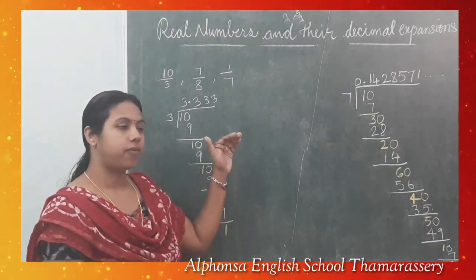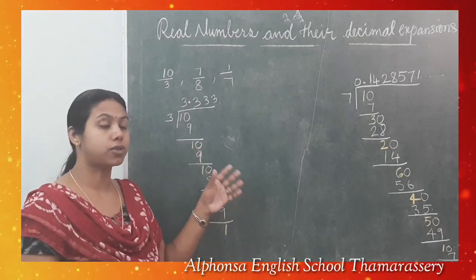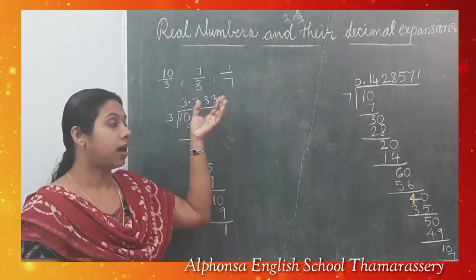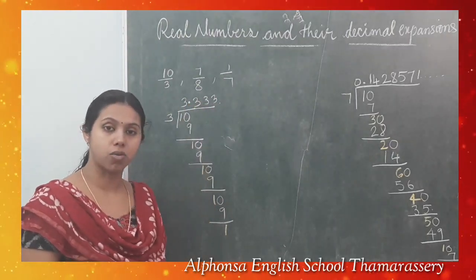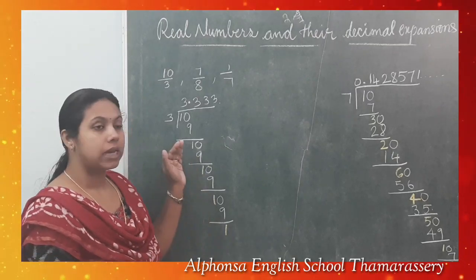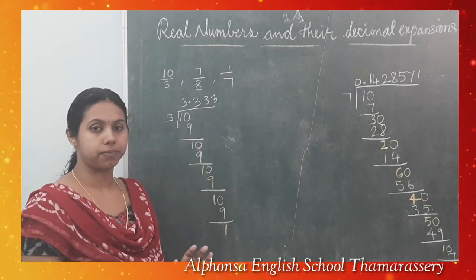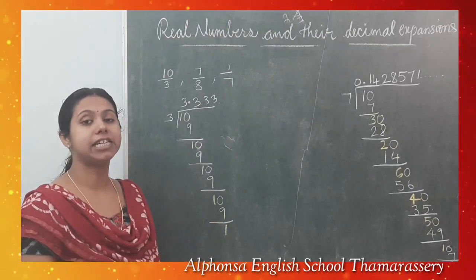So when the remainders are repeating, it forces the quotient to repeat also, and some block of digits repeats in the quotient. So the decimal expansion of such numbers is called non-terminating recurring.